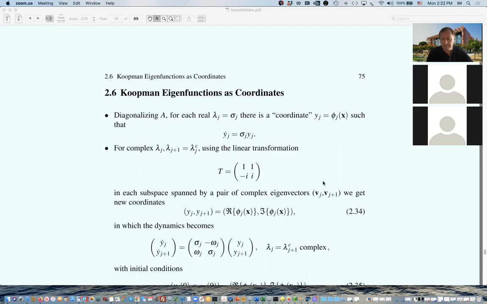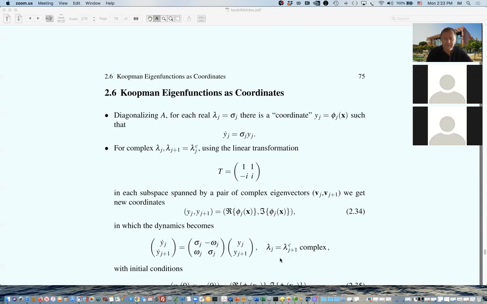And it's a simple exercise that from these new coordinates yj and yj plus 1, which are the real part of phi j and imaginary part of phi j, you obtain two equations, given by yj dot and yj plus 1 dot being equal to this matrix here, that you might recognize from your vibrations class, multiplying yj and yj plus 1.